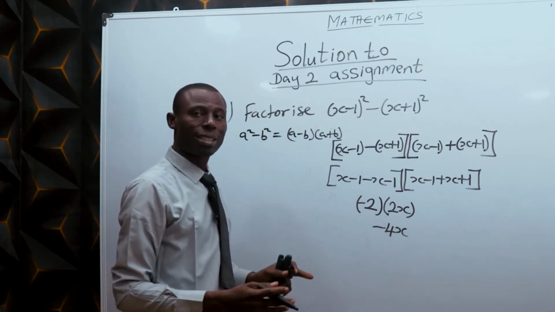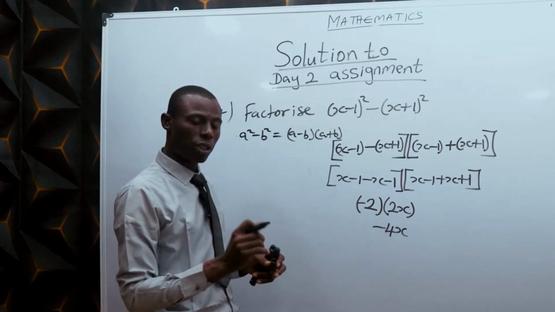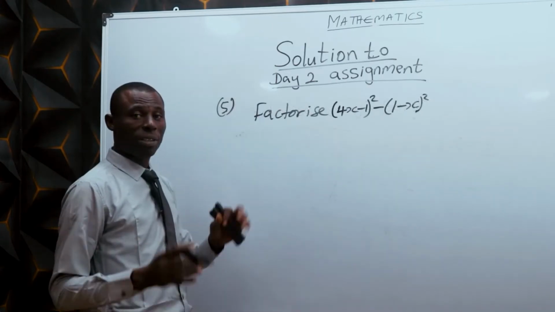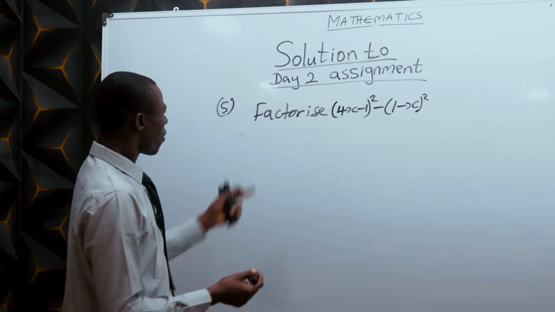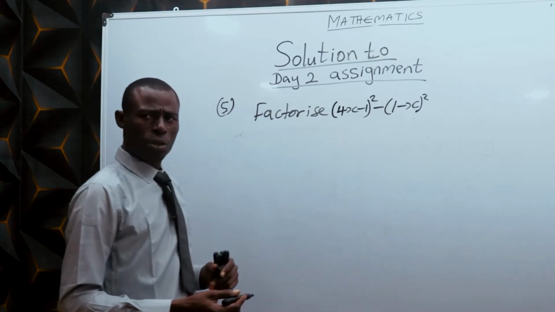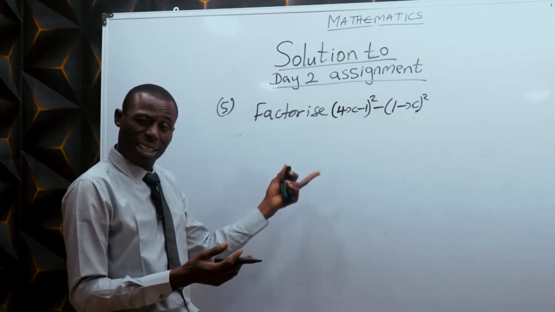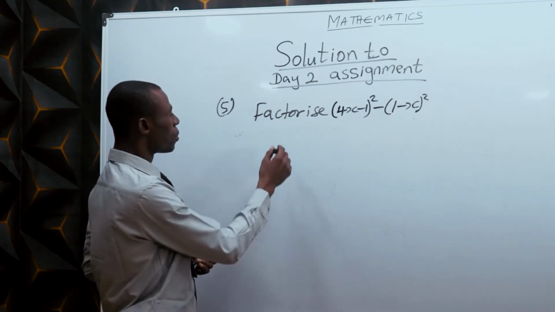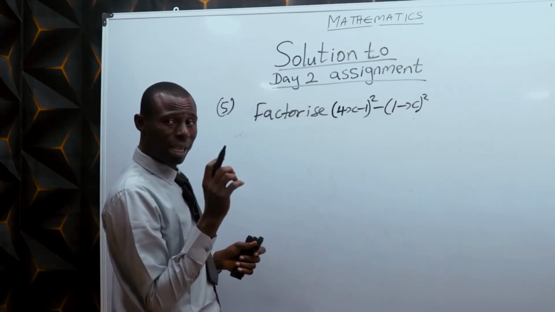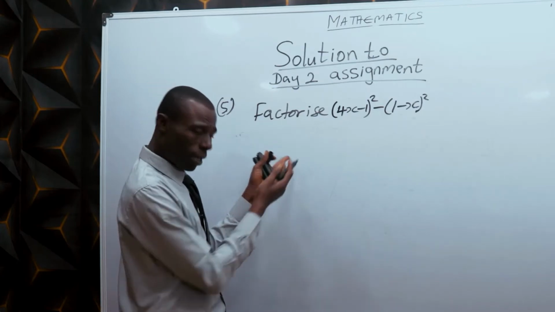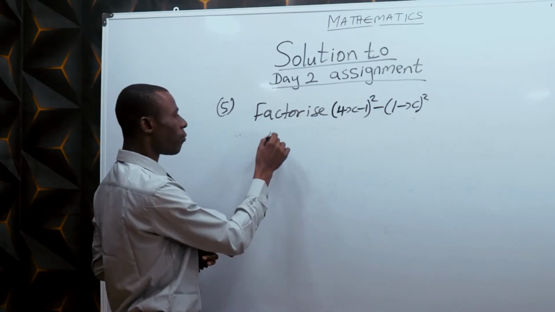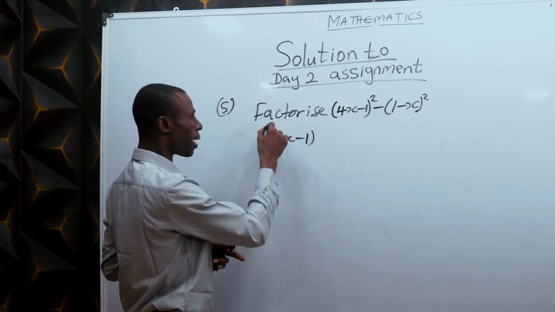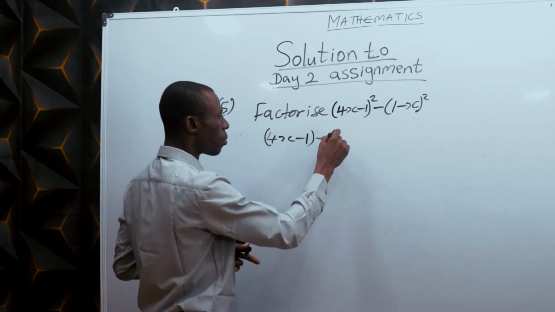Let's go to the last question, which is question number 5, the last question of the assignment. Factorize this. You can see question 5 is exactly the format of question 4, so it is exactly the same thing we did in question 4. Let's do it together. (4x minus 1) minus (1 minus x).